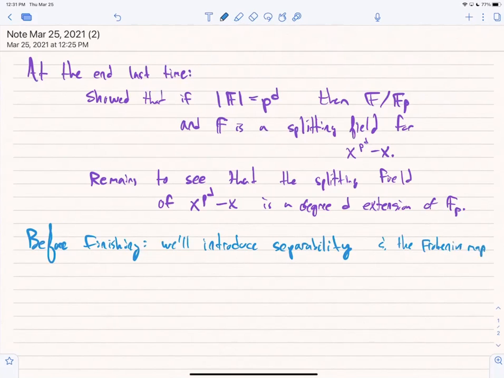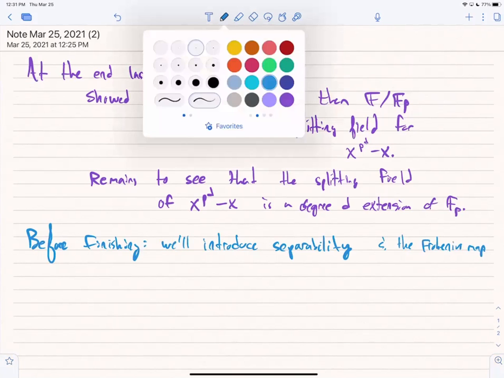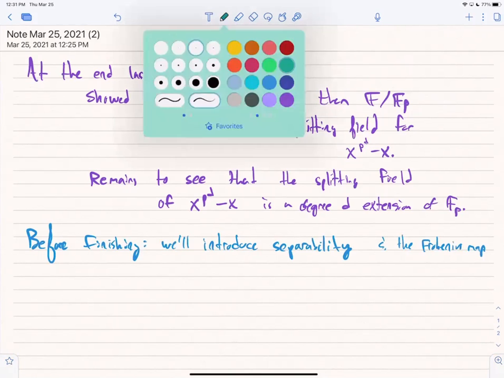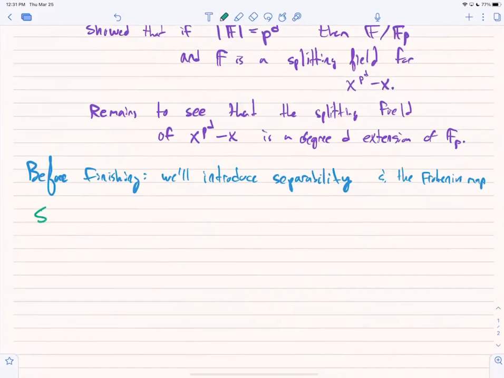Okay, so let's start with separability. This doesn't start out having anything to do with finite fields. This is just a general notion.